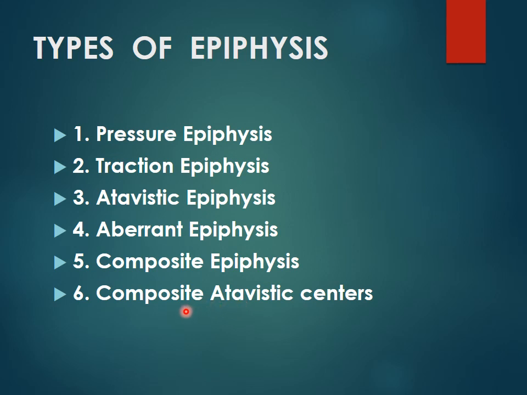The composite atavistic type of epiphyses are the composite atavistic centers, in which the primary atavistic centers and the secondary centers for epiphysis are joined together and fused to form a single bone.